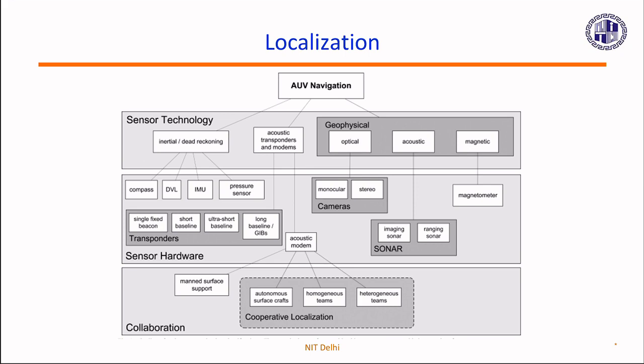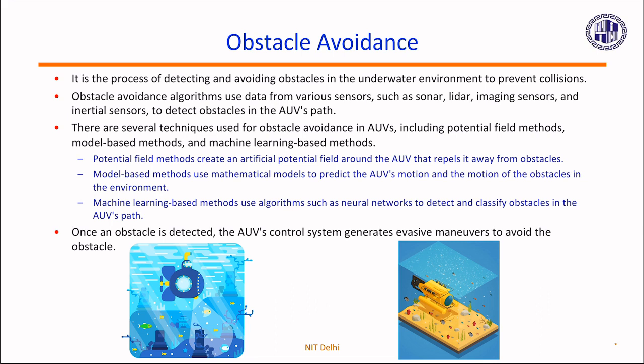Obstacle avoidance. Obstacle avoidance is an important algorithmic component of AUVs that allows them to navigate safely in the underwater environment. Obstacle avoidance algorithms use data from various sensors such as acoustic sensors, imaging sensors, and inertial sensors to detect obstacles in the AUV's path and take evasive action to avoid collision.